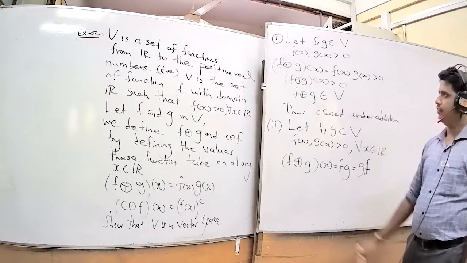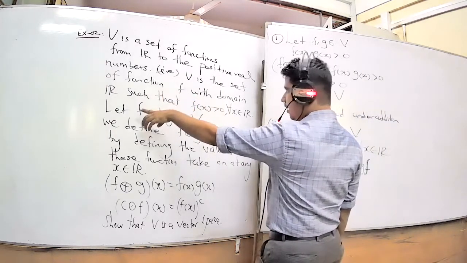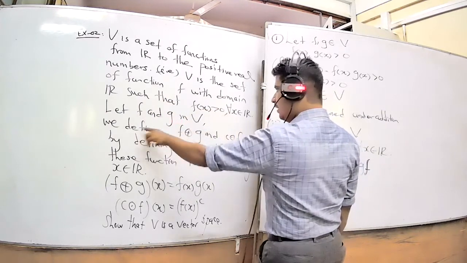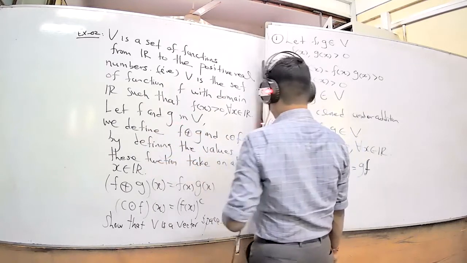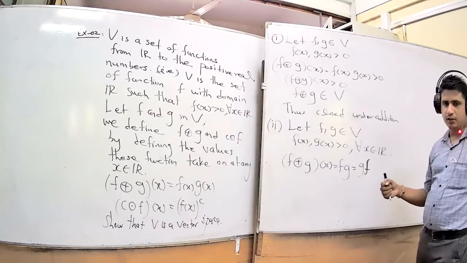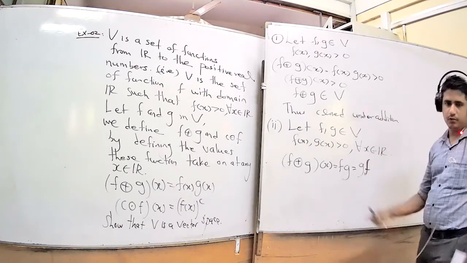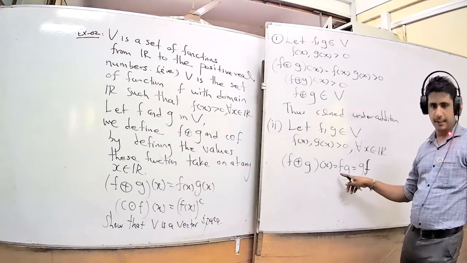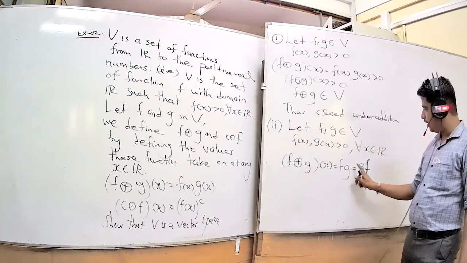For this case, V is a set of functions f with domain real numbers such that f is positive. Here we define f plus g and c times f by defining the values of this function. This value does not depend on x values; it depends on real numbers. So in the real numbers you can use the commutative part. Suppose we take a general function, fg is not equal to gf.